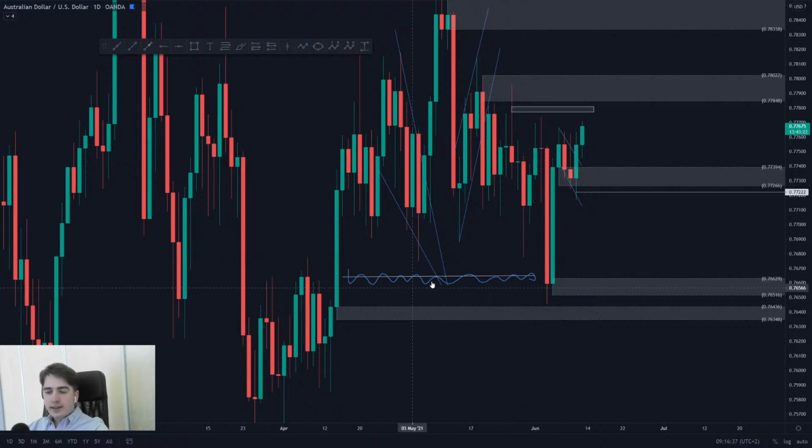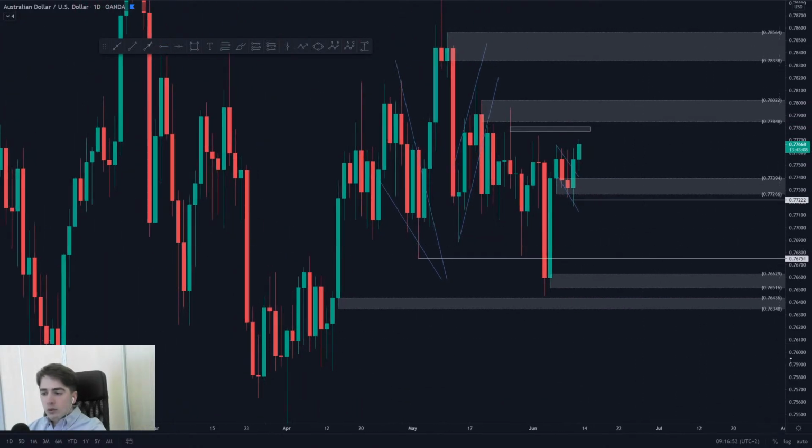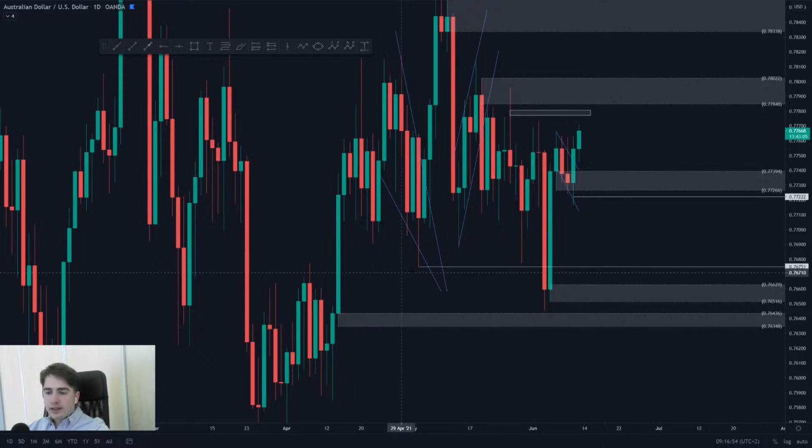So this wick never took out this wick over here, and therefore we can now know, or you can suggest, oh wait, sorry, it did. But essentially what I want to say by that is that the wick never got taken out over here, which means there are still stop losses placed underneath that wick.